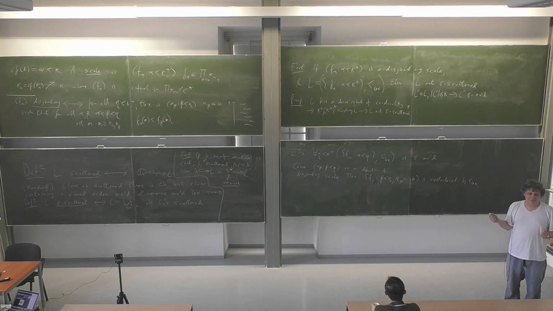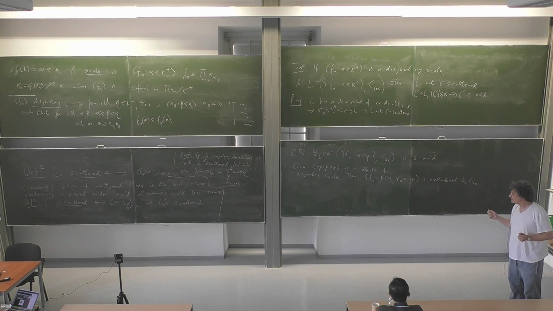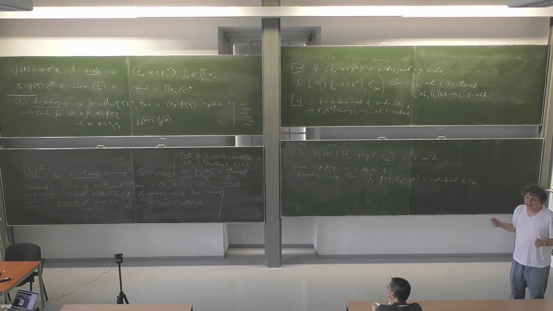But actually, I know more in this situation. If I have two guys, beta and gamma, and n beta equals n gamma equals n, then I know that f beta of n is going to be less than f gamma of n.